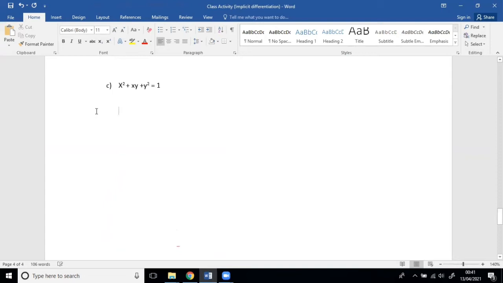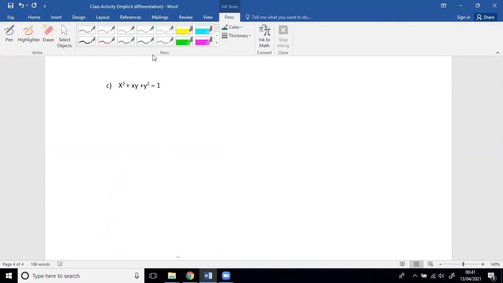Now in here again, I need to use product rule to tackle implicit differentiation. Now, what I'm going to do in here is differentiate x squared, differentiate xy, and then also differentiate y squared equal to 1. So I'm going to differentiate every term in here.